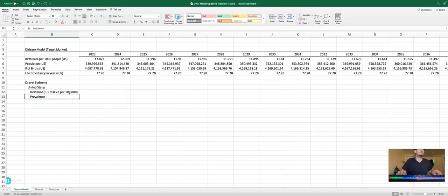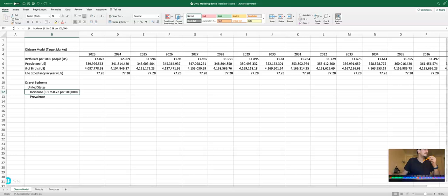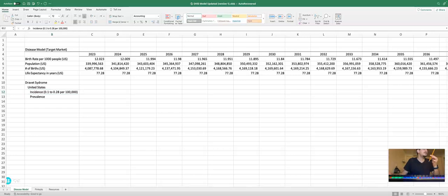This is the incidence of it. So we could either take the high end or the low end here. It's actually very hard to calculate the prevalence of this disease.